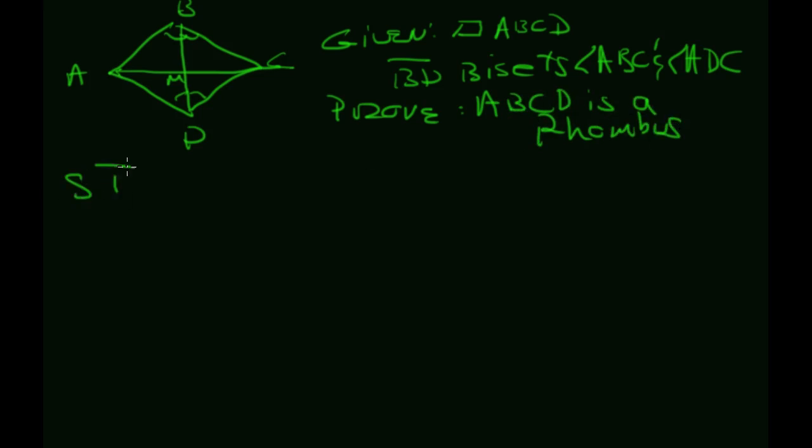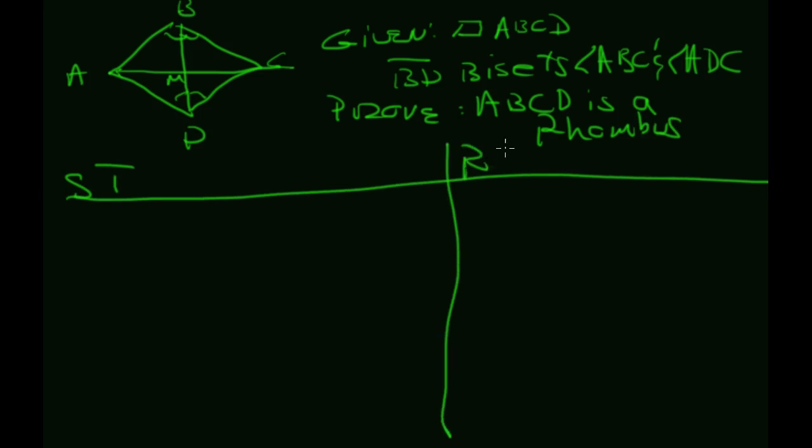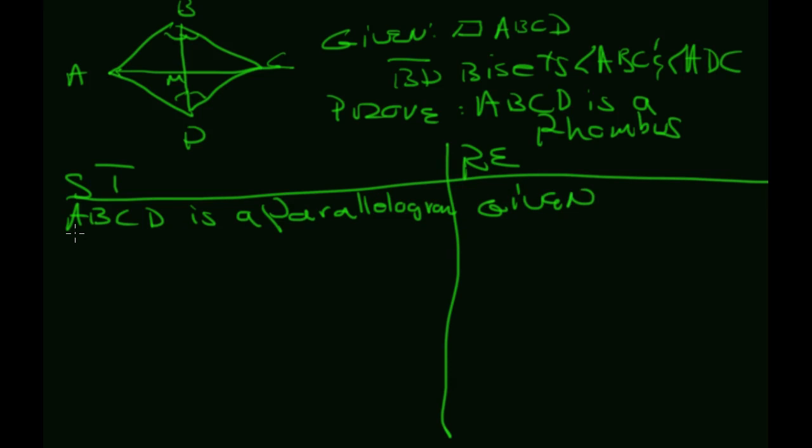Okay, so let's see if we can actually do that. Statements and reasons. Let's start off with what we know. We know that ABCD is a parallelogram. We know that because we're given it.